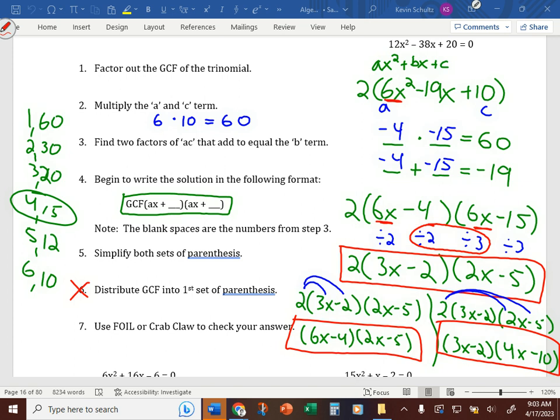We want 2 binomials. It's kind of like if I gave you, give me the prime factors of 42, and you divided by 2 and said 2 times 21. Well, it's not the prime factors, right? You can take that 21 down further. That's kind of what we're doing here. We divided this by 2, but then we factored that trinomial to get the 2 binomials that make that.